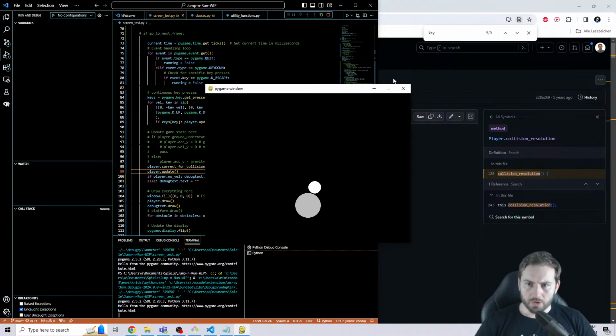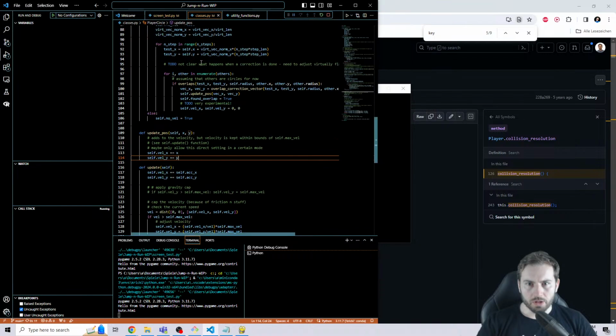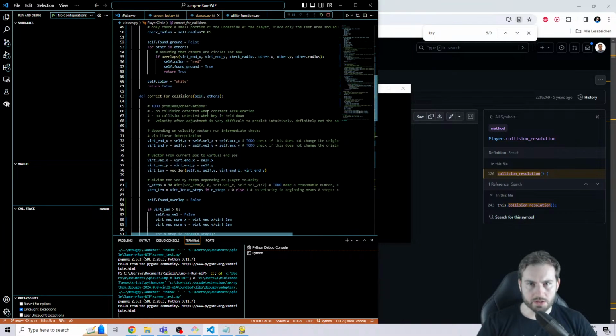Okay, now it doesn't go through, which is good, I guess. But I want to understand why. What is the difference here? That the check for the collisions comes first. I mean, I guess it makes sense.